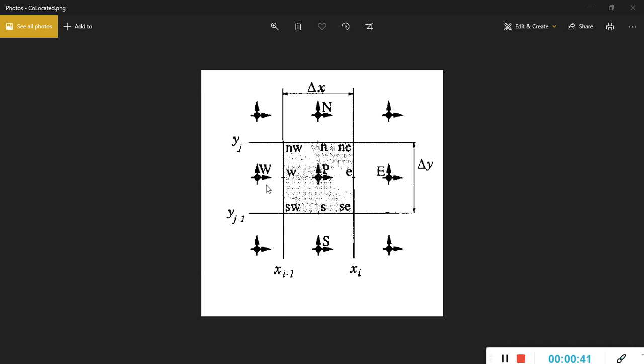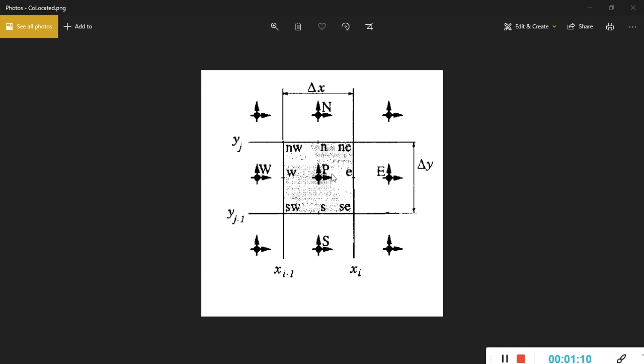And this photo here shows the co-located grid in a summarized way. So you've got your central P node, which belongs to this particular cell, and on the right hand side you can see the E node, which is the east, and the N north node, and the west node, and the south node.